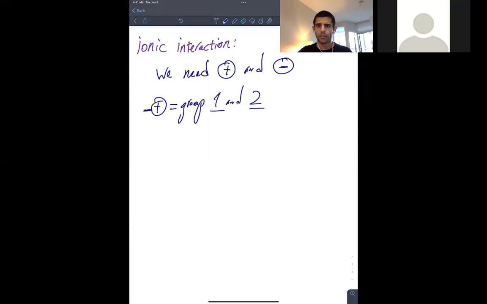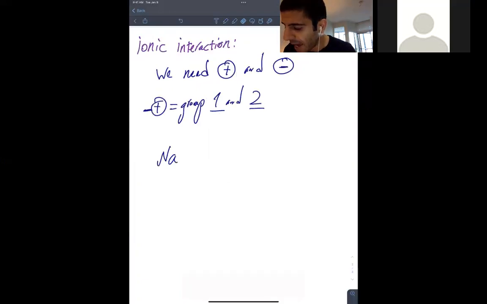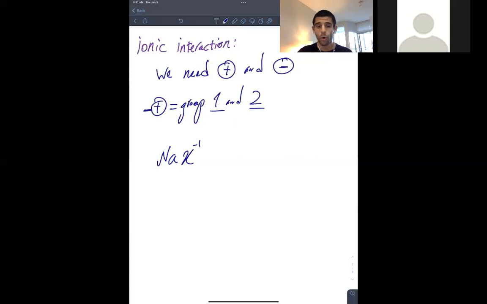So you're like, well, if it is group 1 and 2, does it mean... So when you actually say, let's say you have a sodium here and then you have X. Well, you know sodium is positive actually. It's just being covered by this X. So this X is actually -1, because the overall charge, I don't see any charge here.